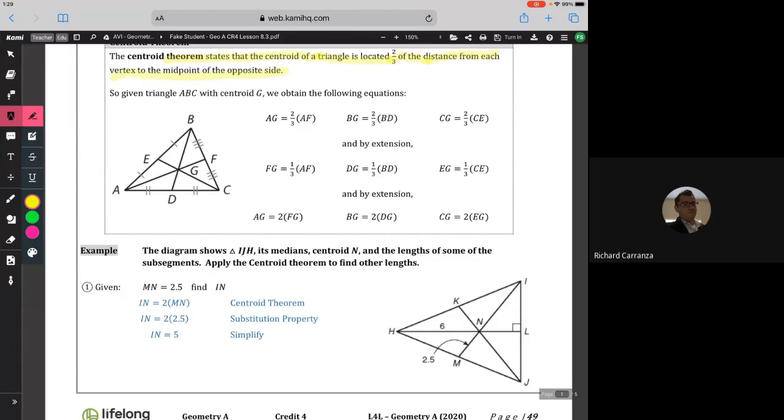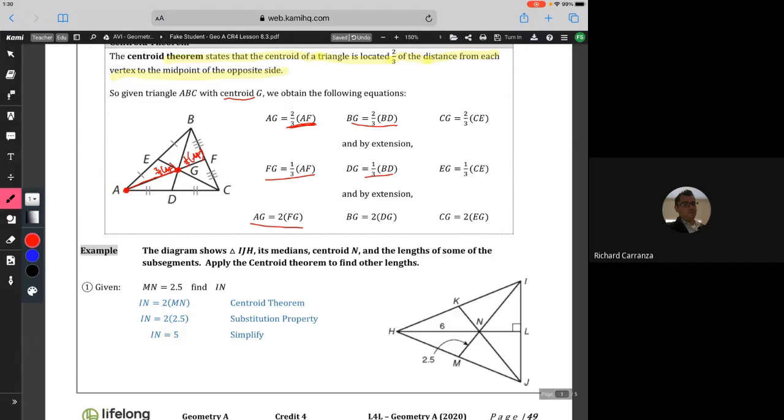So 2/3. So what they're saying is that G is the centroid. So AG is 2/3 of the whole segment AF. So remember, this would be 2/3 of the whole segment AF, and the other one would be what's left, which is 1/3 of AF. And that's how they're getting all these formulas.